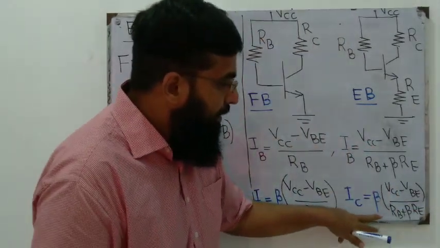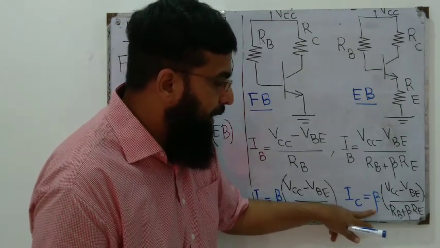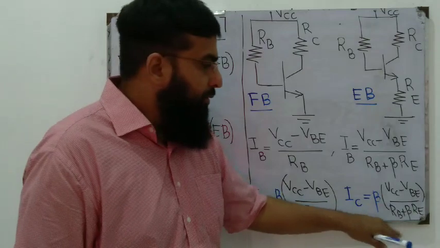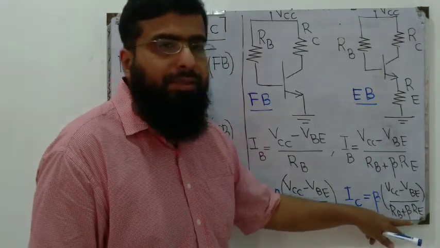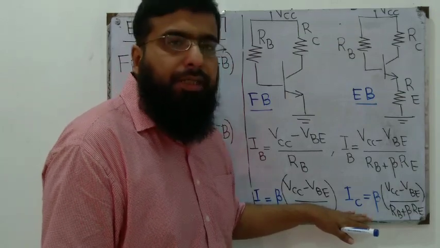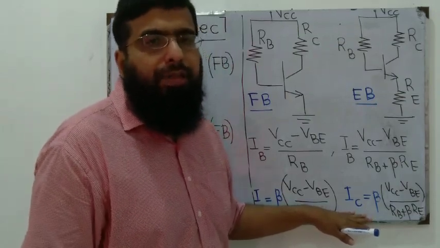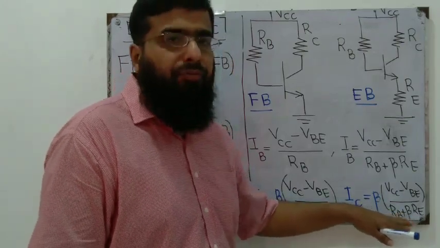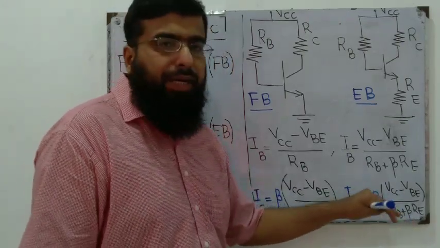We can see that here we have a beta in the numerator and a beta in the denominator. So this tends to cancel the effect of beta, and IC tends to be somewhat independent, not completely, somewhat independent of beta. We can verify it numerically too.